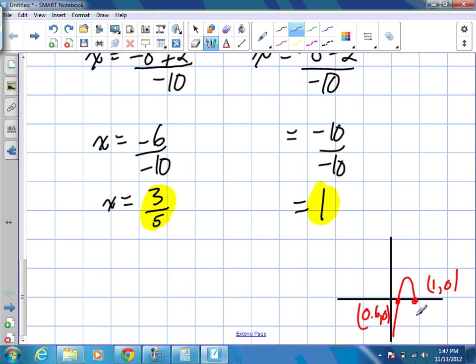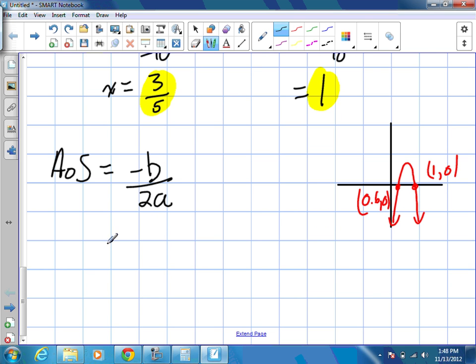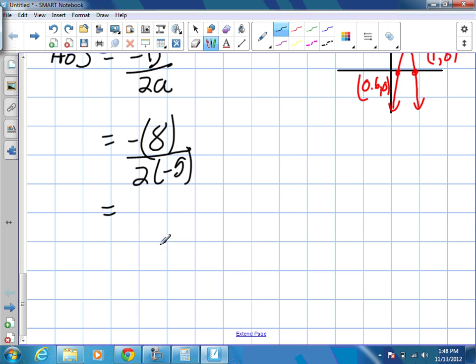All right? Now we're going to use that other little formula I gave you. AOS, or the axis of symmetry, is equal to negative b divided by 2a. We're going to plug in our standard form values for that. So our b was positive 8, so we're going to put negative 8, right, because we're plugging in a positive value, divided by 2, and our a value was negative 5. Negative 8 over negative 10 is the same as 4 over 5.